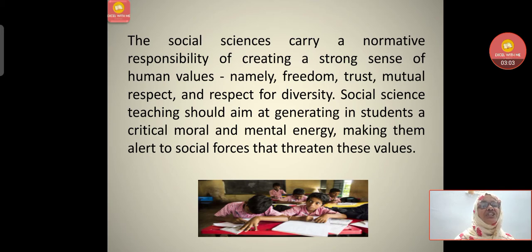Social science teaching should aim at generating in students a critical moral and mental energy, making them alert to social forces that threaten these values. Nowadays, we are losing so many values.